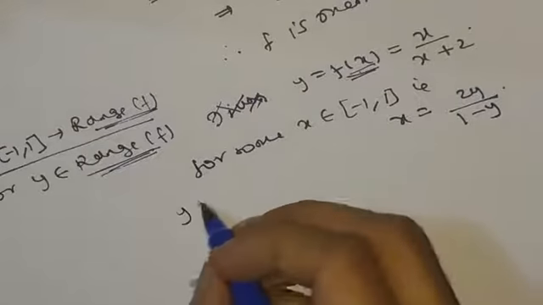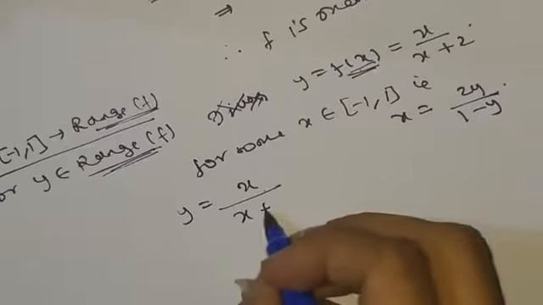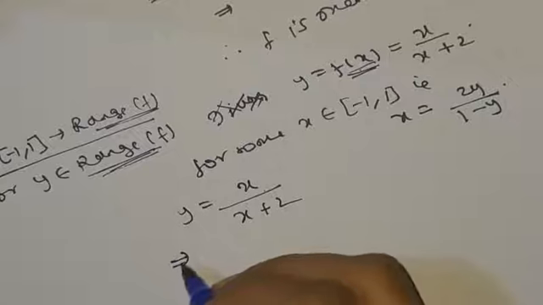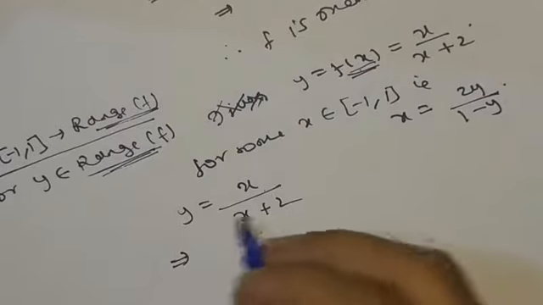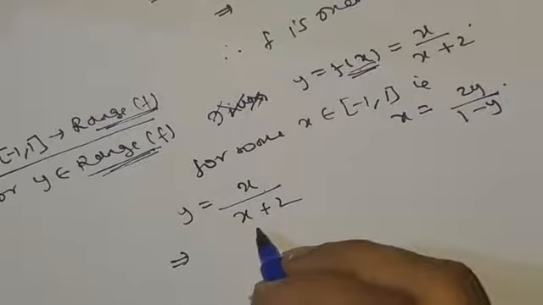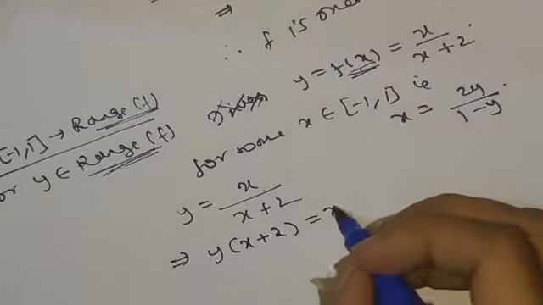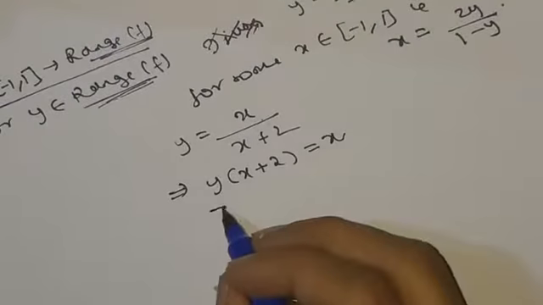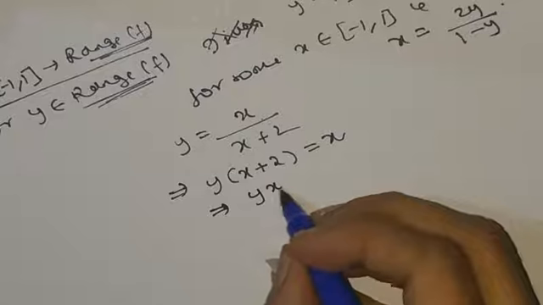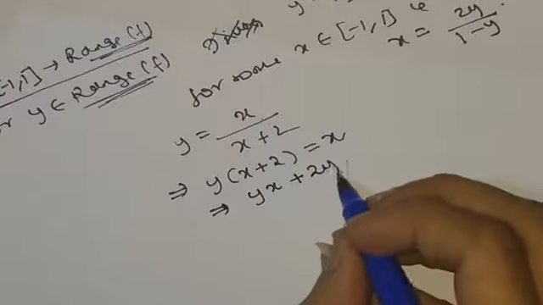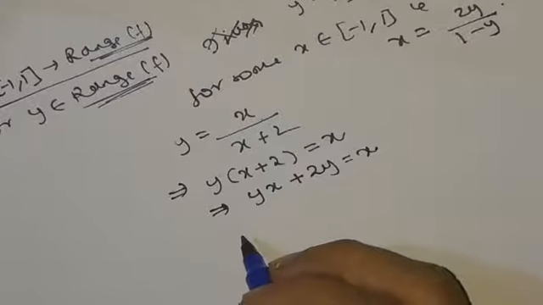Now since y is equal to x divided by x plus 2 here, we can solve this equation for x. So you cross multiply, so you will get y multiplied by x plus 2 equal to x. So this will be x multiplied by y plus 2y equal to x.